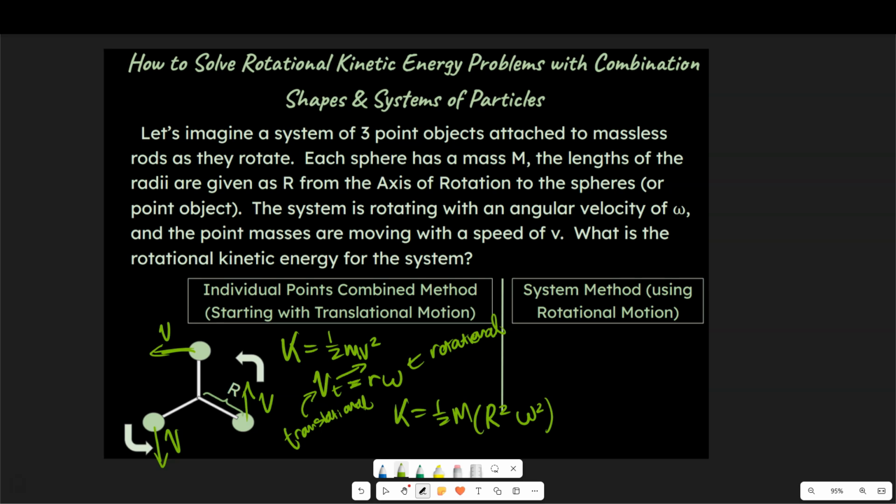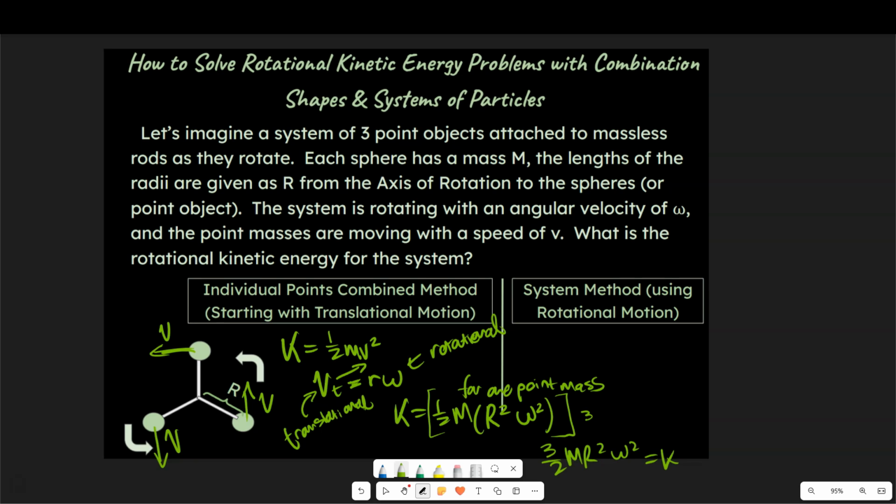And that is for 1 point mass, right? Well, there are 3 point masses, so we could take this whole thing and multiply it by 3. And so you would end up with 3/2 m r squared omega squared is equal to k.